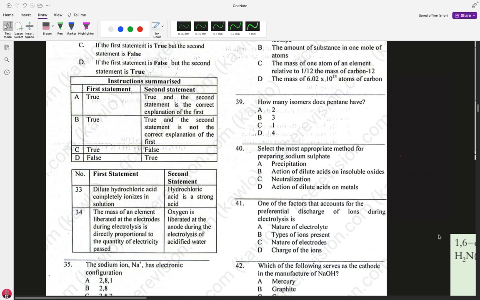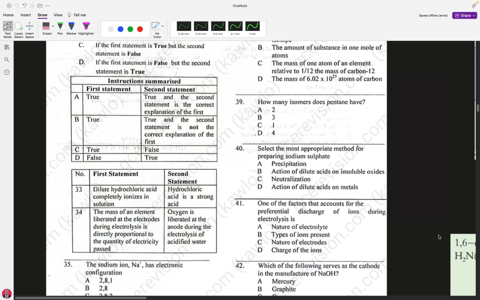The second statement is a correct explanation of the first.